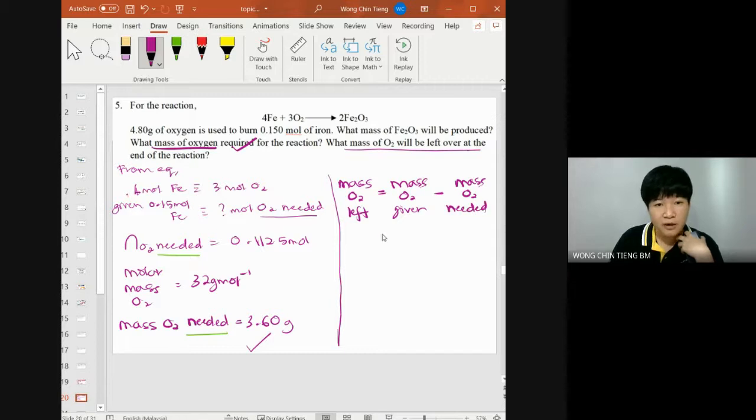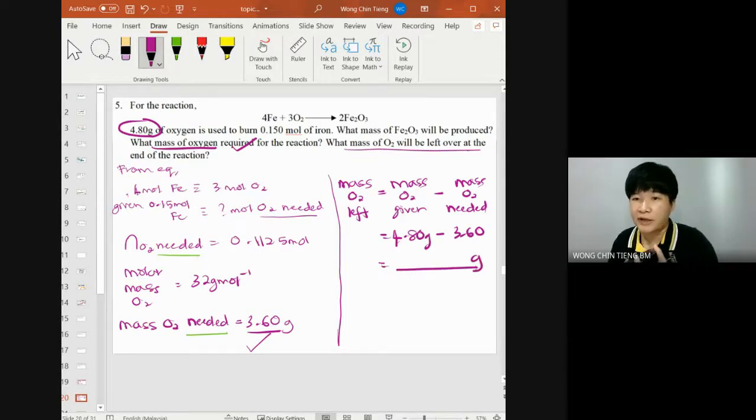So given, soalan dah bagi, we start with 4.8 gram of oxygen. You calculate just now, I only need 3.6. Betul? Straight away. In gram. Boleh?